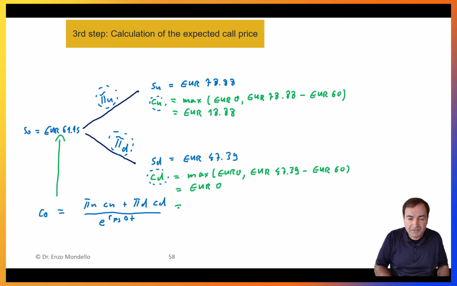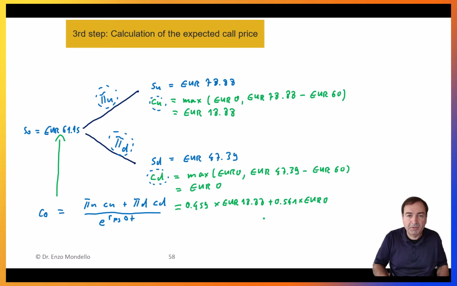If we enter the figures in this equation, then we have to begin with the risk-neutral probability of an up move, which is, in our example, 0.459, times the call price after an up move of 18.88 euros, plus the risk-neutral probability of a down move, which is 0.541 in our example, times the call price after a down move of 0.